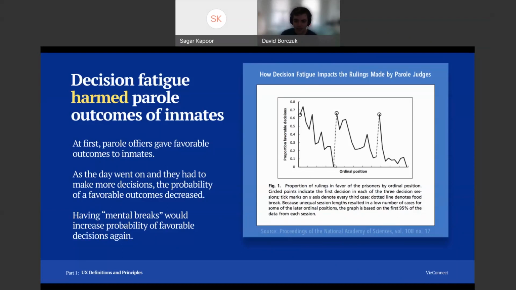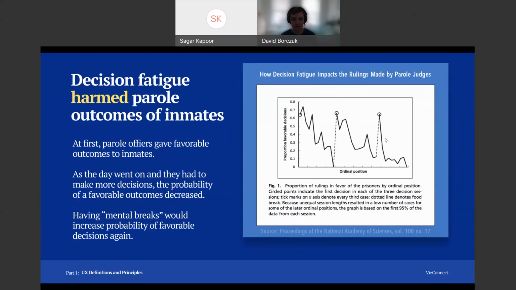The dotted lines with the circles on top are whenever the parole officers had a break, so eating food or resting your head or taking a nap, whatever they do to rest, would at first help them make more informed decisions or recharge. But you can see that the odds drastically decreased after every subsequent break.